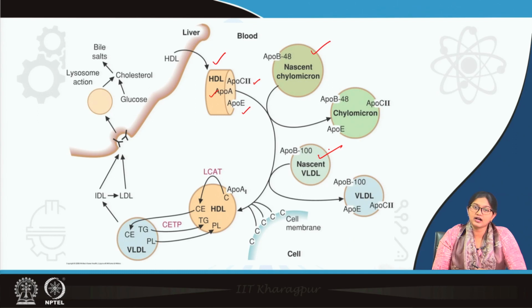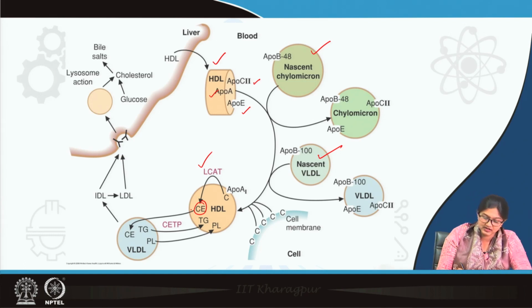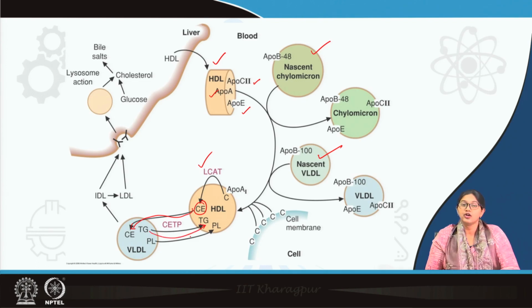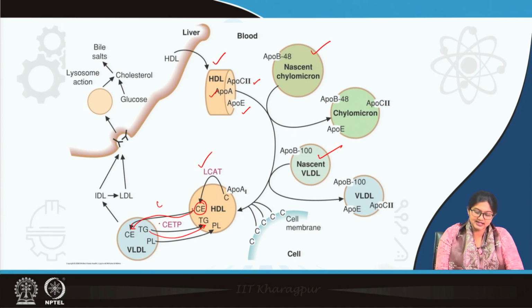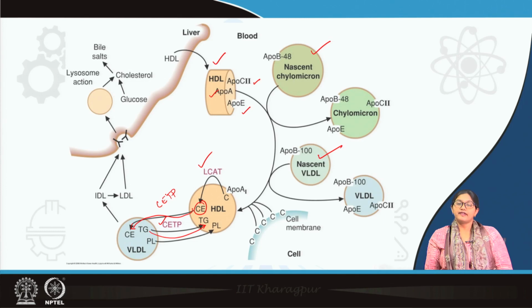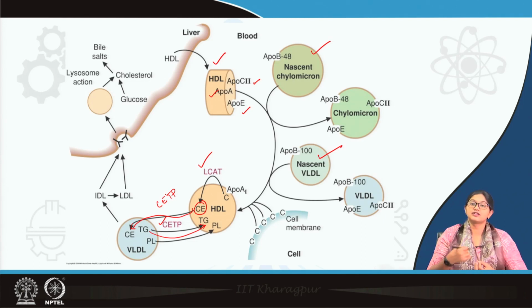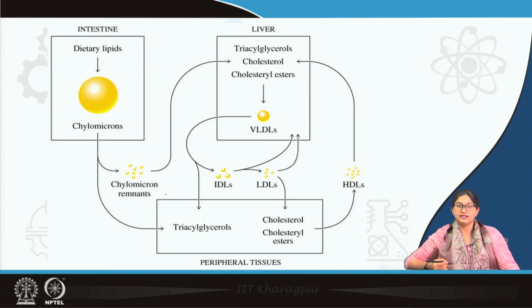Those cholesterols are converted to cholesterol ester with the help of the enzyme LCAT, and this cholesterol ester is transferred to VLDL, as well as triacylglycerol is taken up, with the help of the protein CETP. So this is the function of HDL. It takes up peripheral cholesterol as well as donates apoproteins for maturation of chylomicron and VLDL.